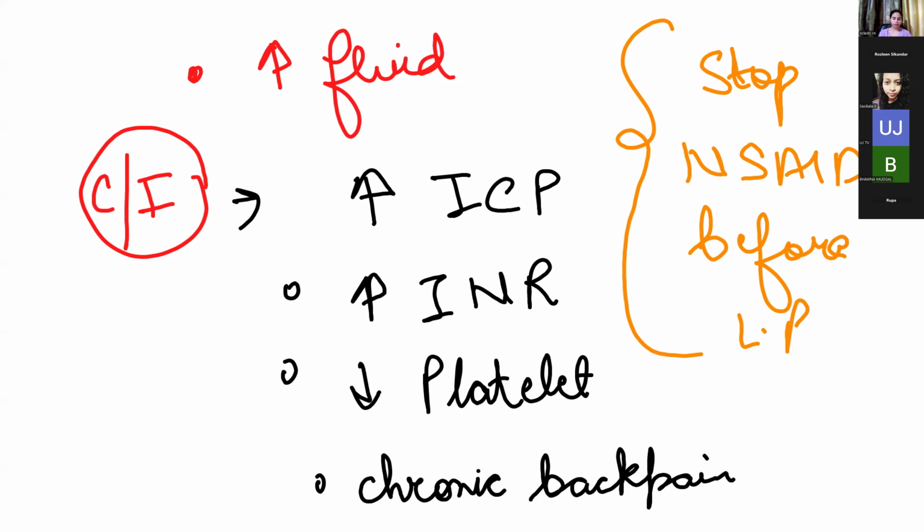You can write this down. Yes, ma'am. ICP, INR, platelet, chronic back pain. You need to note down the arrow as well: upward means increase and downward means decrease.